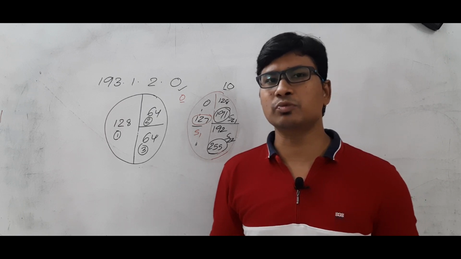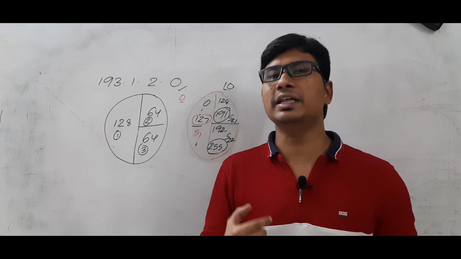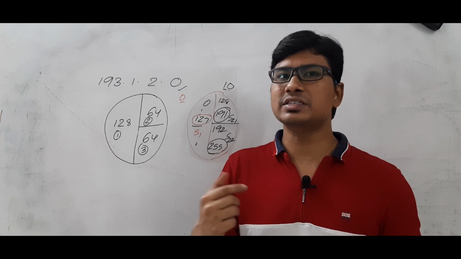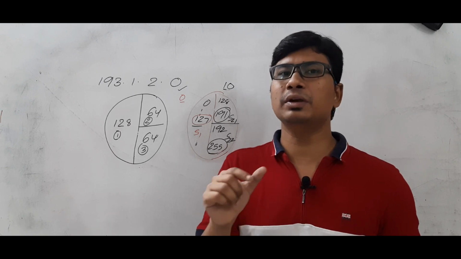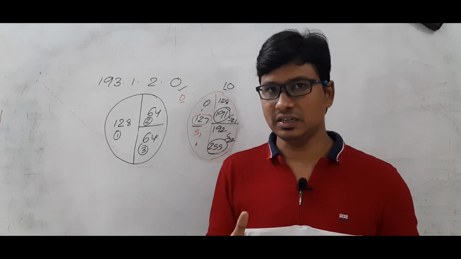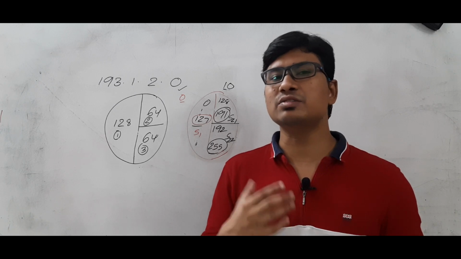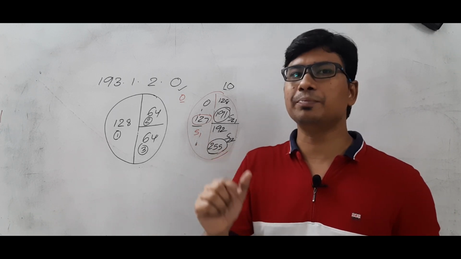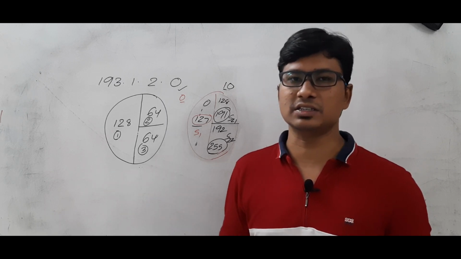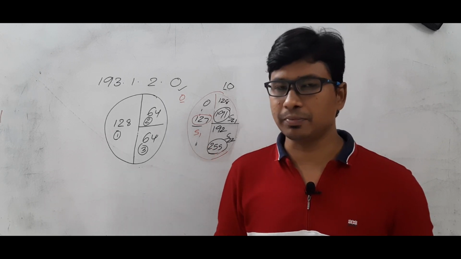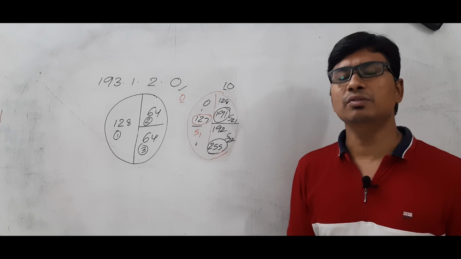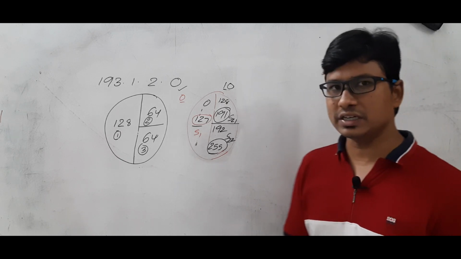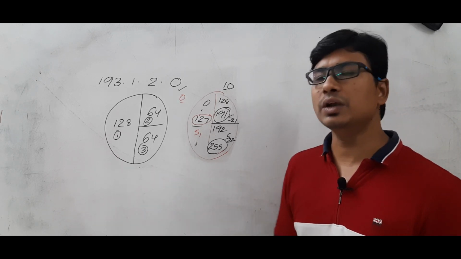So this concept we will call variable length subnetting, and computing the subnet mask for it is the variable length subnet mask. So let me compute the variable length subnet mask. Why we are saying variable length subnet mask, you will understand.